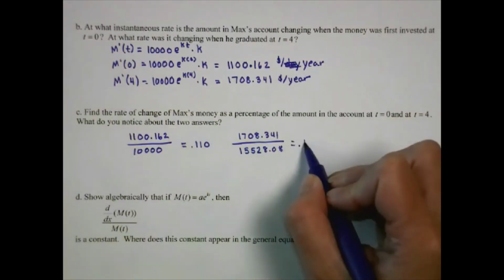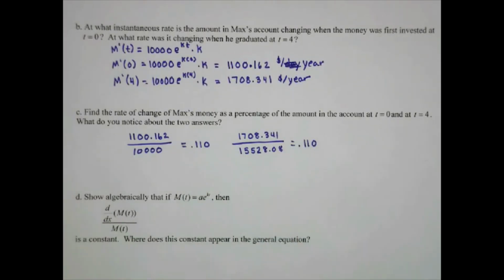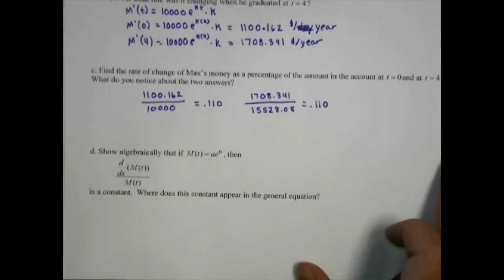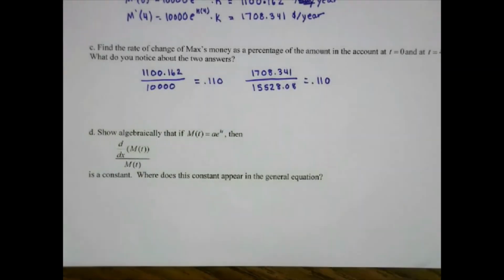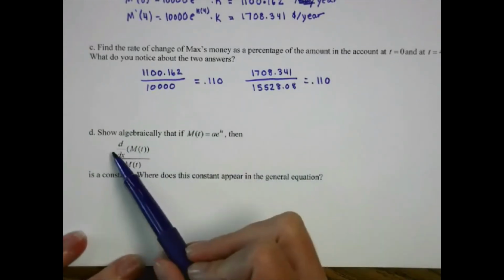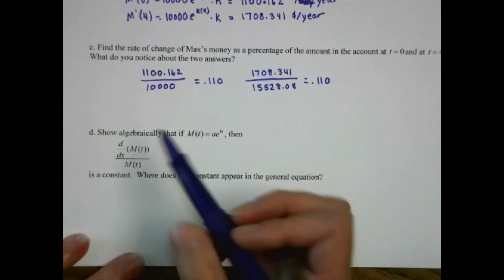again. So what do we notice about the two answers? Well, they're the same. Okay, so now we're going to show why they are the same algebraically. So we're going to say if our function is this, then this is a constant. So we're doing this in general.